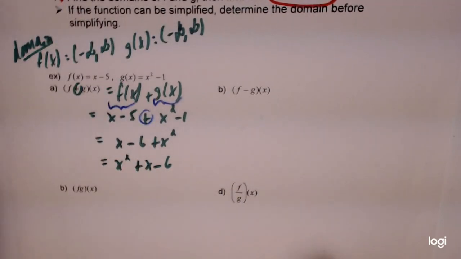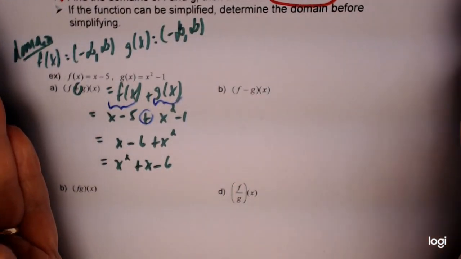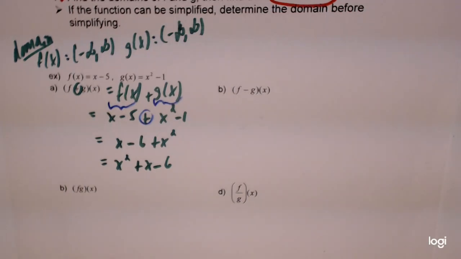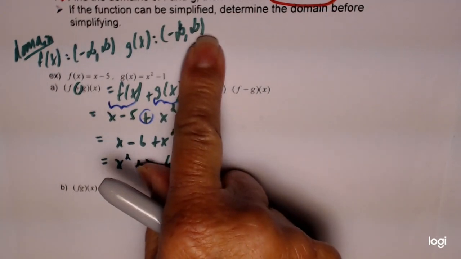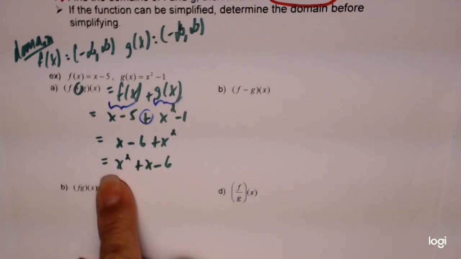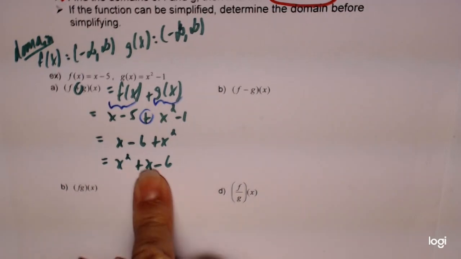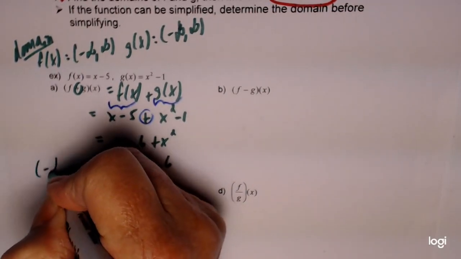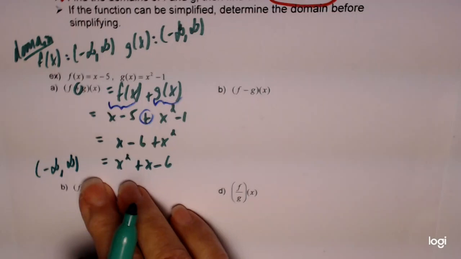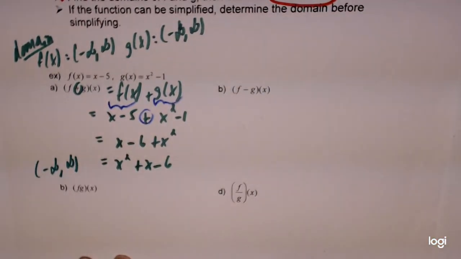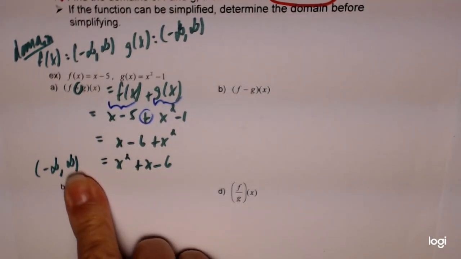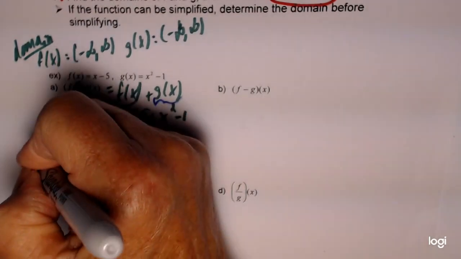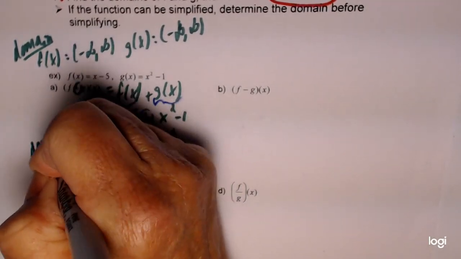We go from negative infinity to positive infinity in x. Nothing needs to be excluded from f, and nothing needs to be excluded from g. So the domain of the function we've created would be negative infinity to positive infinity. What's in both of these? Well, everything is in both of these. So the domain for this new function is negative infinity to positive infinity.